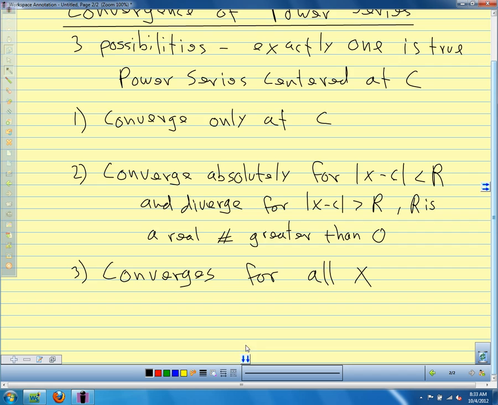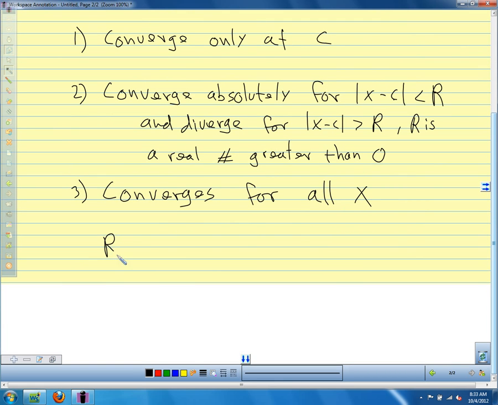We call r the radius of convergence. And if condition 1 is true, if it converges only at c, we say the radius of convergence is 0. We just have the 1 point.